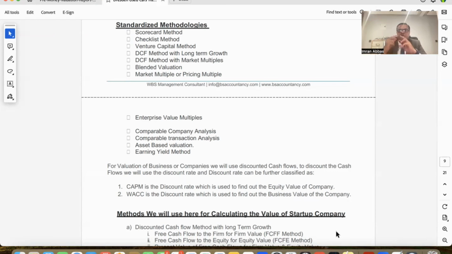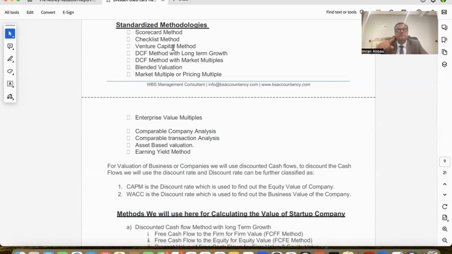They depend on the competency of the management, strength of the team, business model, and many other factors, and we calculate the scorecard and checklist methods for startup valuation. The venture capital method is also a startup valuation. It includes pre-money valuation and post-money valuation.